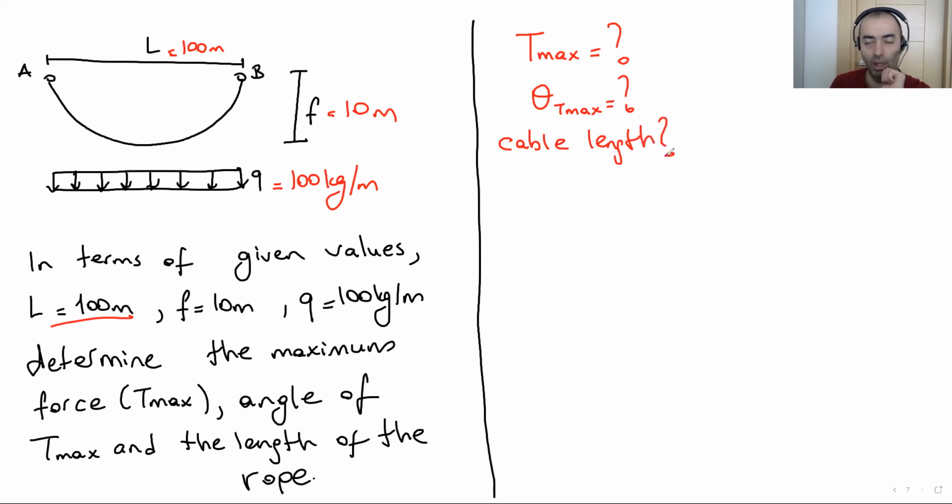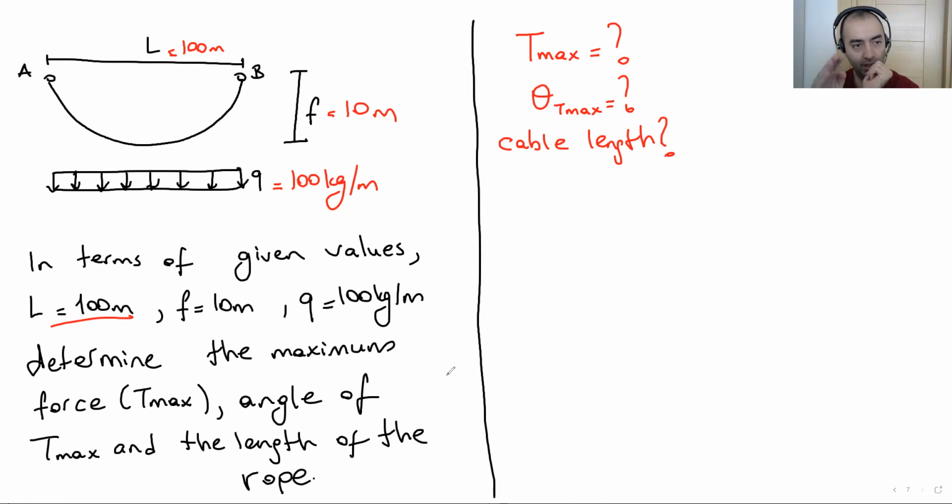According to this question, we are asking 3 things. By the way, I would like to explain this. Tmax, the maximum cable force, always occurs at the highest point of the cable.